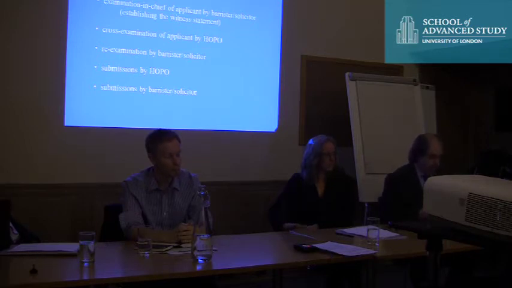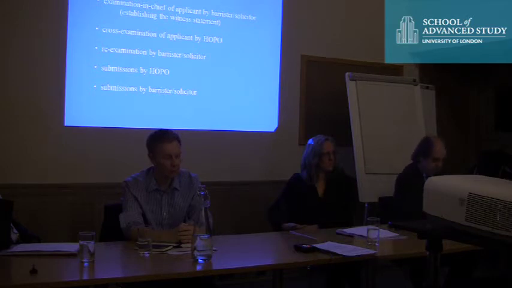In their closing submissions, hoppos will attack the appellant's credibility, and they'll also cite COI supporting the decision taken by UKBA. The barrister will then rebut the credibility points, or try to, and offer rival interpretations of the COI, and the judge must later produce a written decision saying how much weight was given to each piece of evidence.